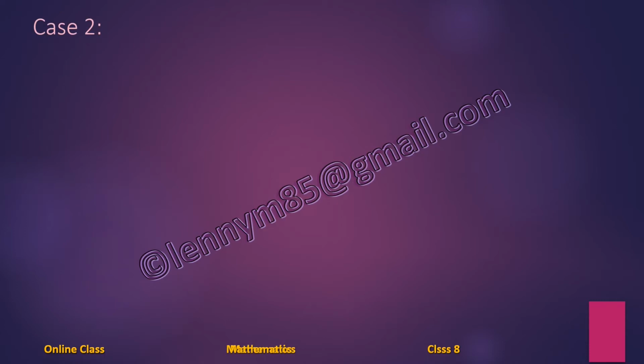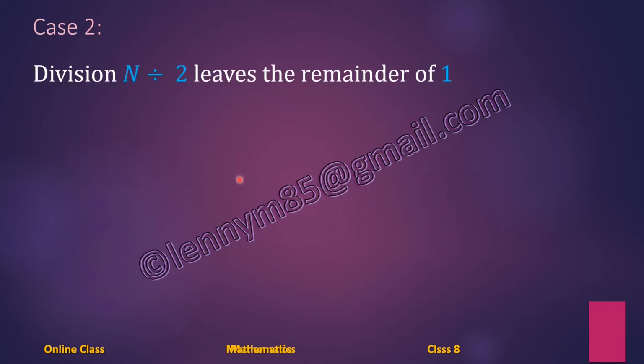Now consider the second case. If n divided by 2 leaves the remainder of 1, what must be the ones digit of n? The solution. Ones digit of n is equal to remainder 1 plus 0, which is equal to 1.